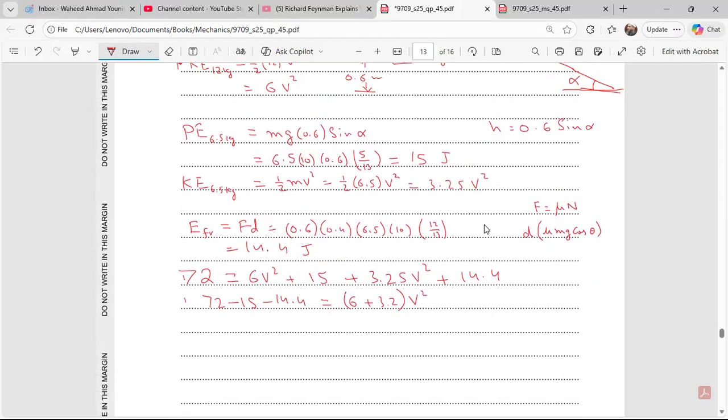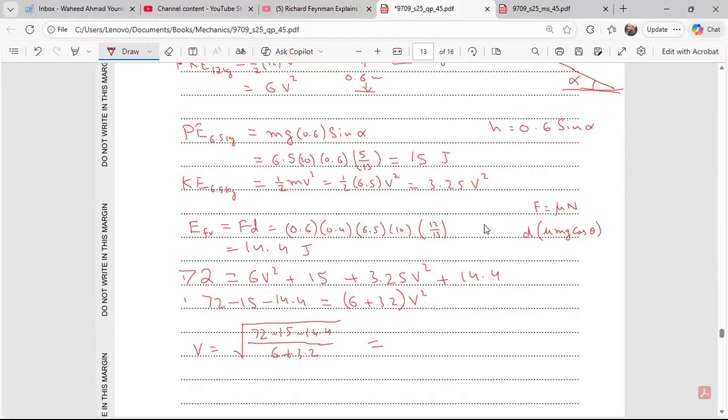So v is going to be the square root of 72 minus 15 minus 14.4 divided by 6 plus 3.25. Okay, I hope it makes sense.